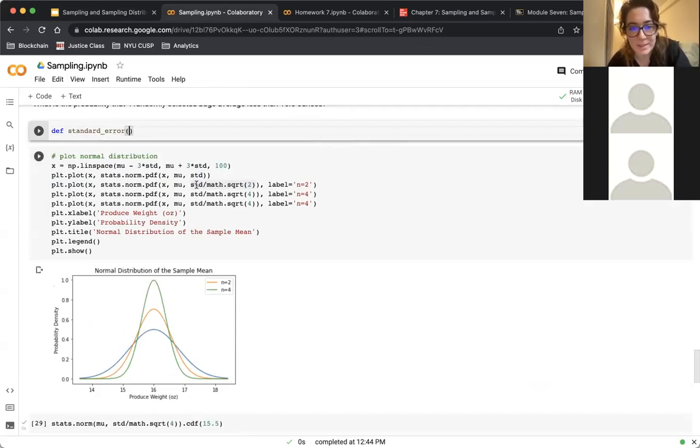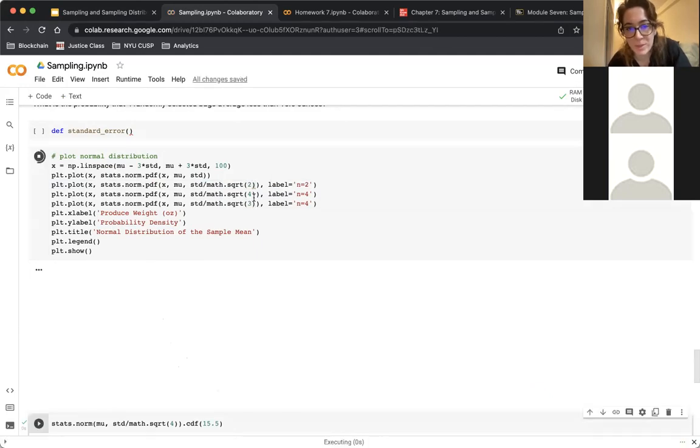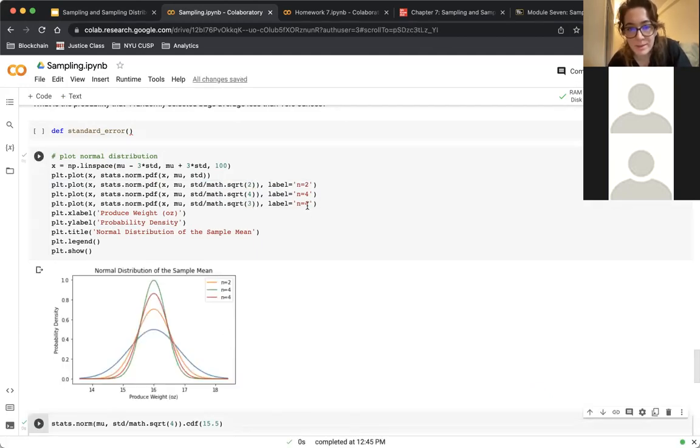I'd plug in the standard deviation and the value of n, because that's really what's in here. And then I would just call this function more than one time, and set that for 3. So to answer your question, if I wanted to do it for 3, I would just need to change that. And we can put them all there.